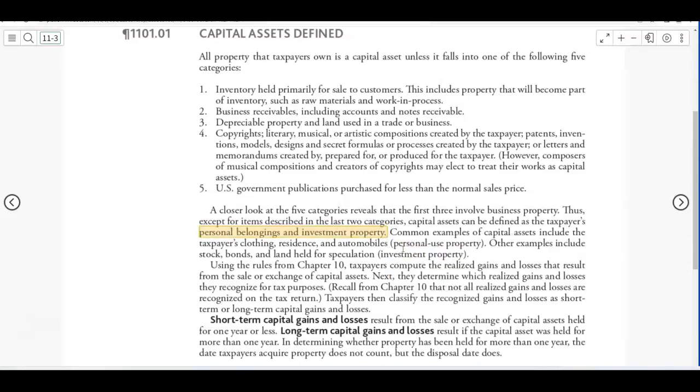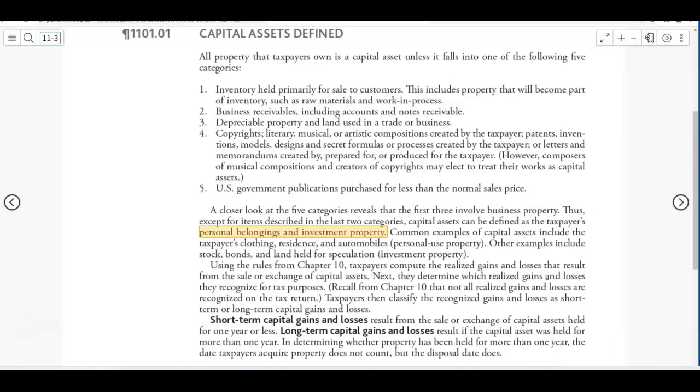Common examples of capital asset include the taxpayer's clothing, residence, automobiles for personal use, stock, bonds, portfolios, land held for speculation as an investment property. Those are all capital assets. Those are personal things. Using the rule from Chapter 10, taxpayers compute the realized gain and losses that result from sale or exchange of capital asset, and they pay capital gain tax if it's necessary.